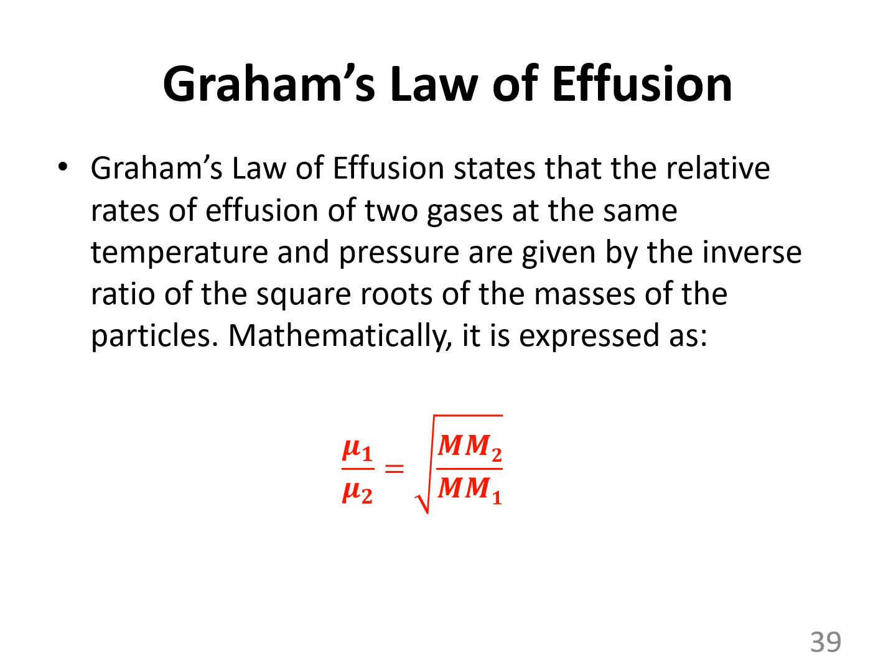The ratio of the root mean square velocity of the first gas divided by the second gas is equal to the inverse square root molar mass of the second gas over the molar mass of the first gas. And you can see how, from the original root mean square velocity equation, velocity is still inversely proportional to molar mass. In other words, the smaller the molar mass, the higher the velocity.